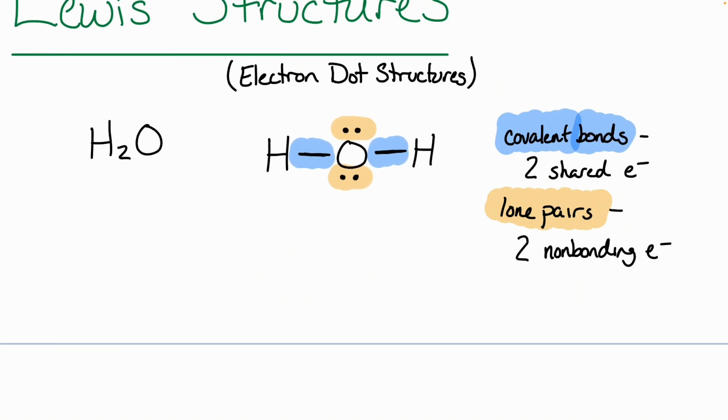Importantly, we need to be able to look at a Lewis structure and count the total number of electrons. Each one of those lines represents a pair of electrons. Each pair of dots represents a pair of electrons. Everybody take a second and total up: how many total electrons do you see on the board in this water molecule?